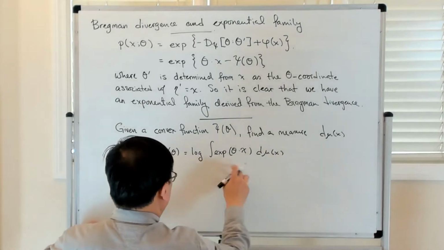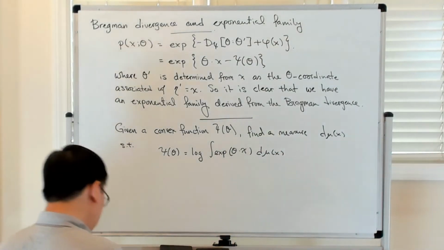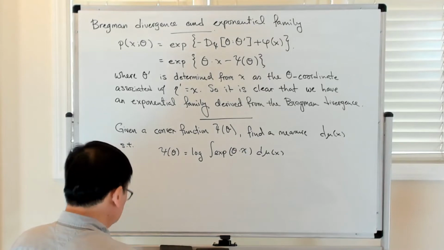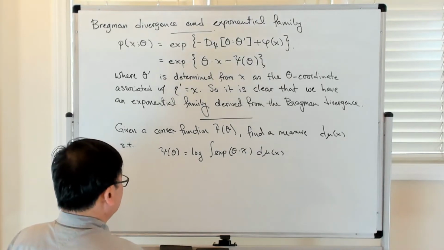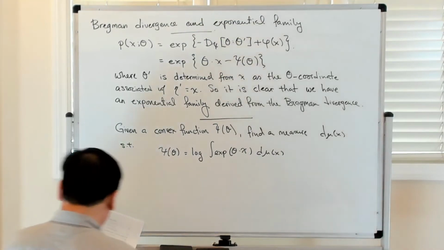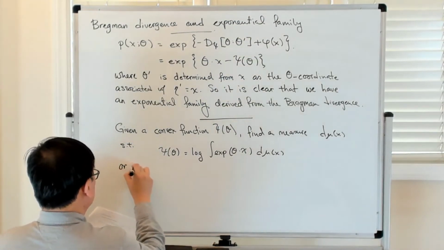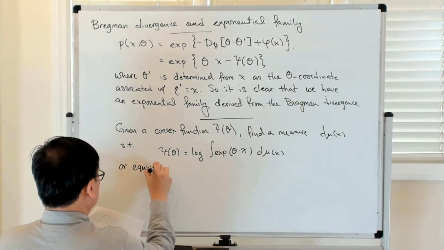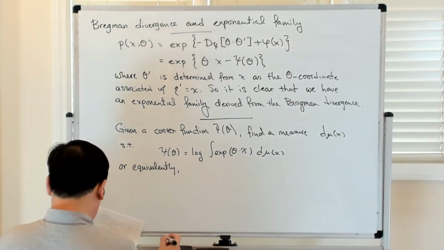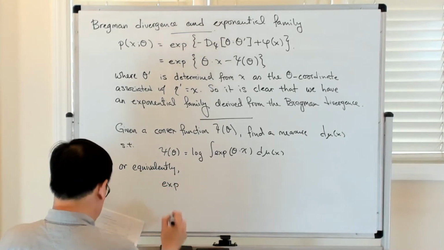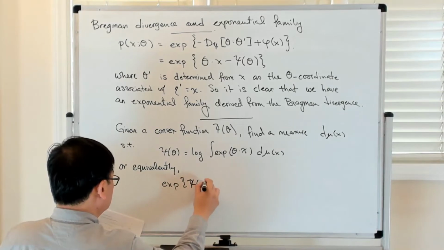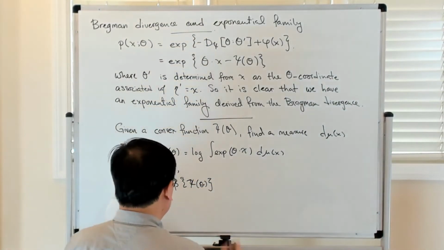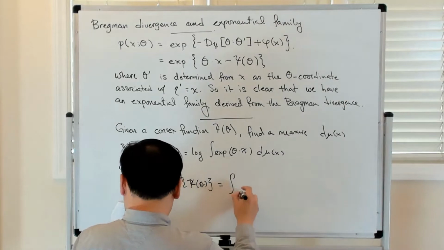If you recall, that condition is really just a normalization condition. It can be written equivalently as: the exponential of this convex function is equal to the integral of the exponential.